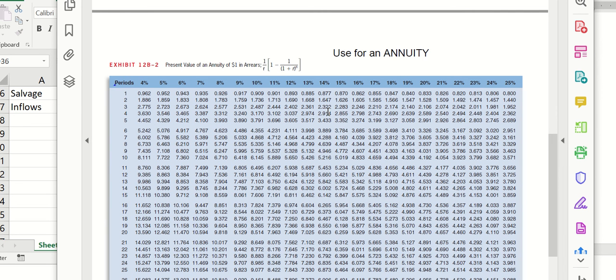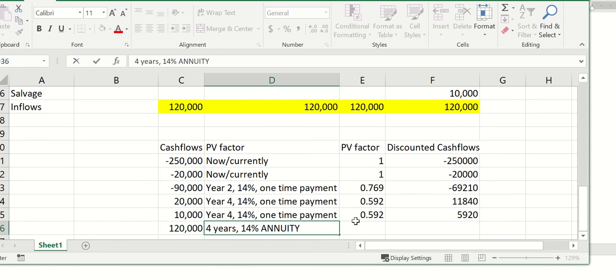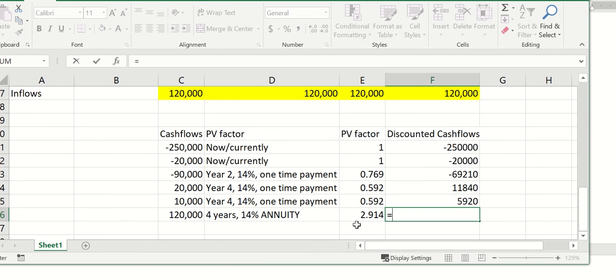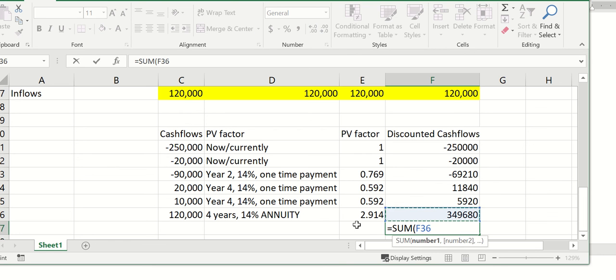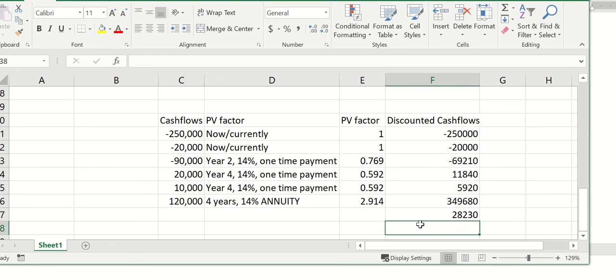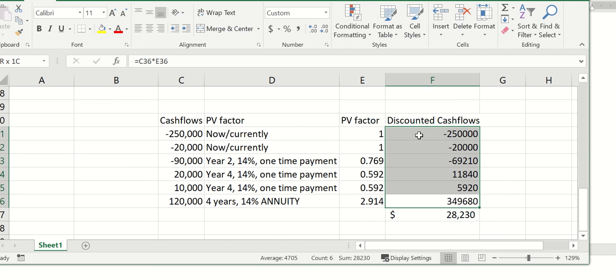Okay, 14% for 4 years, 2.914. I can multiply and sum these up to get my net present value. Let's just format this a little bit.